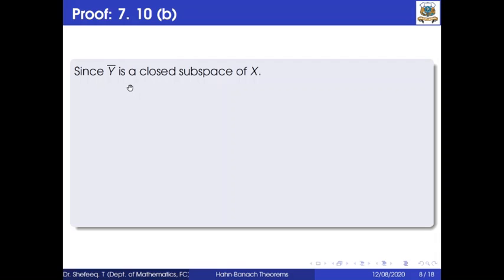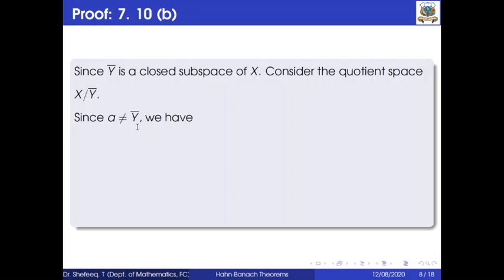Since the closure of Y is a closed subspace of X, now consider the quotient space X by Y bar. Given that a does not belong to the closure of Y, we have a plus closure of Y is not equal to Y bar.